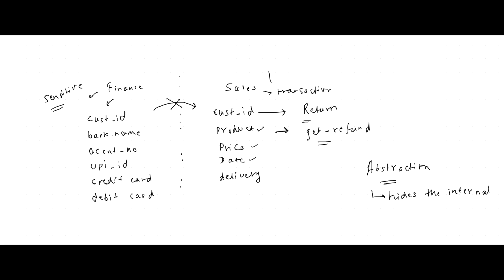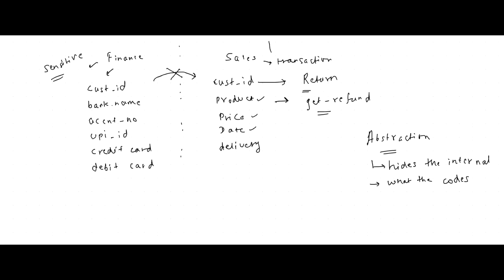The users know what the code does. They will be aware of what the code does. What they don't know is how things are happening. They will not know how it works.